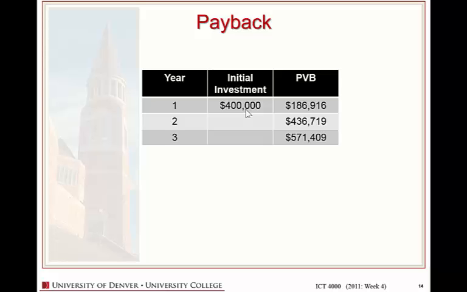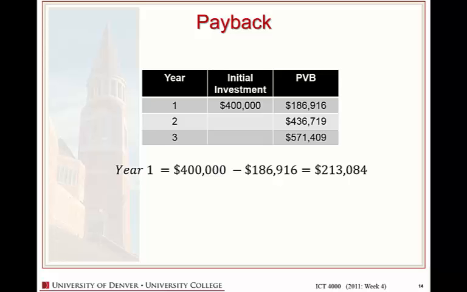So what you can see is that right off the bat, the initial investment is not paid back after year 1. So we can do that calculation fairly easily and show that after year 1, there's still $213,084 of the initial investment that haven't been paid back by the present value of the benefit. But what we can also see is that the present value of the benefit in year 2 more than covers that residual amount of initial investment.